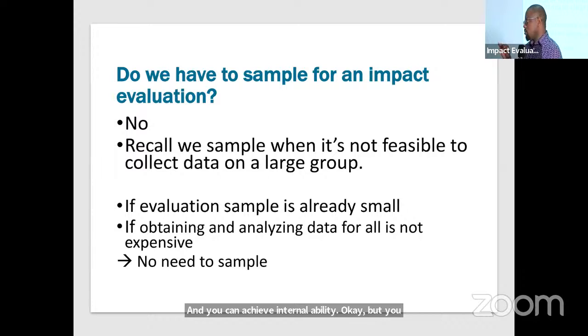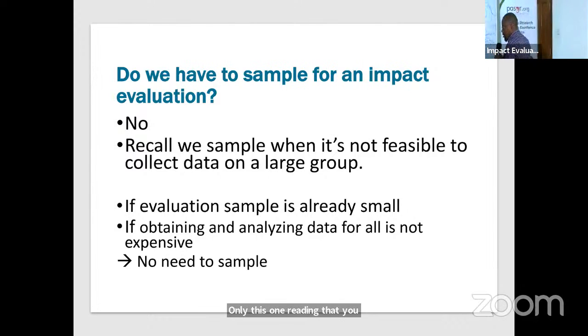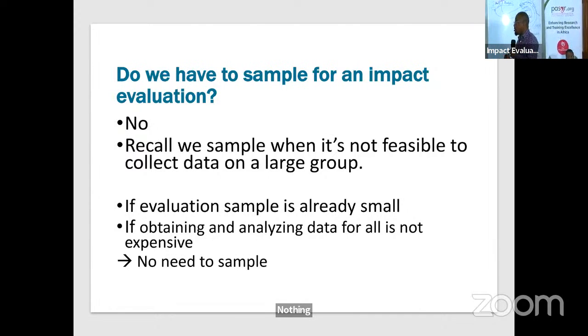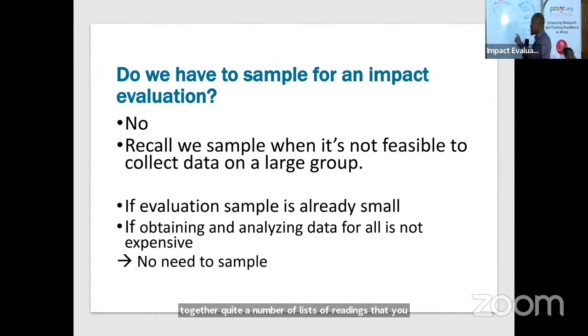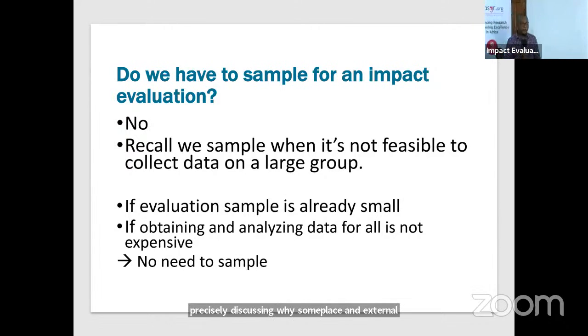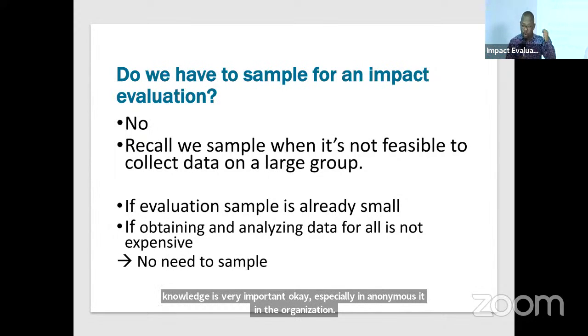There's one reading that you need to do on why external validity is important. And tomorrow, they've put together quite a number of lists of readings that you need to do at your own pace. And one of them is precisely discussing why sampling and external validity is very important, okay? Especially in a randomization setting. I would encourage you to read all the links.